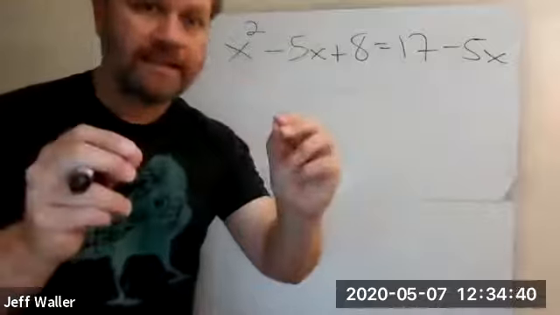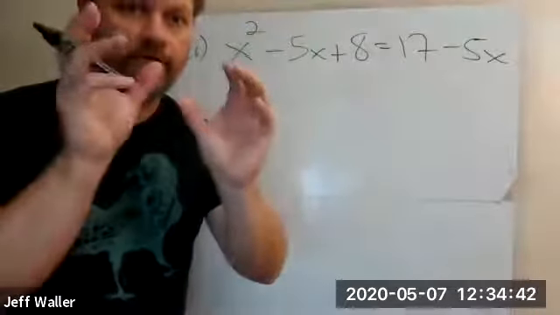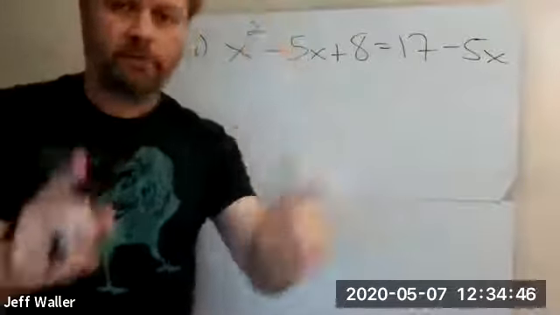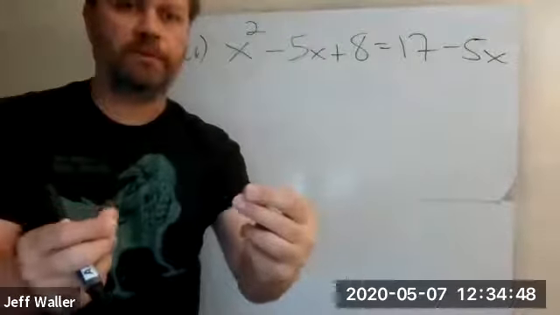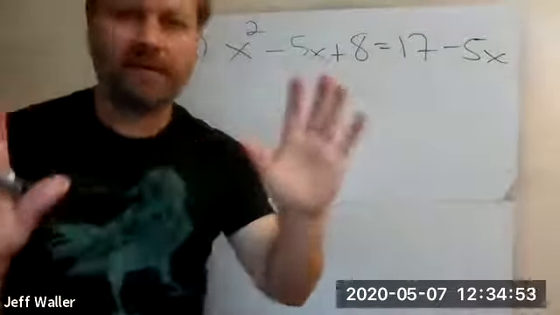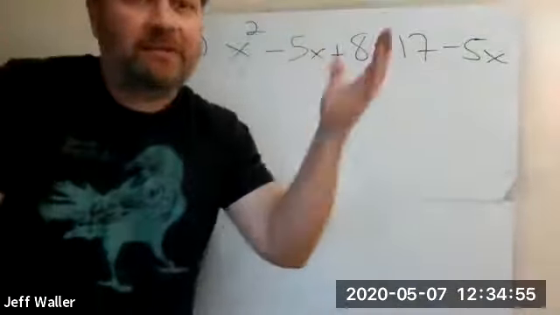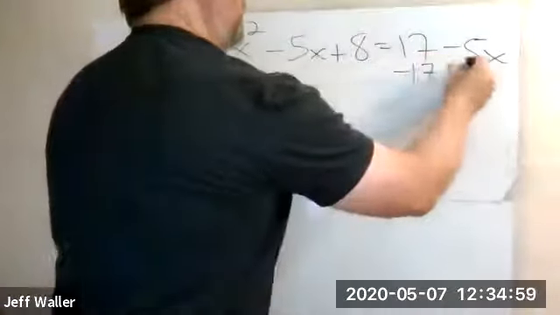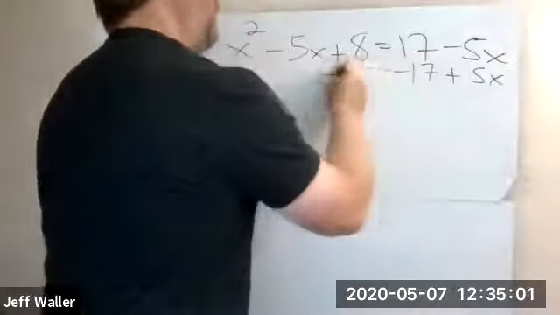And we discussed the fact that if I have something times something equals 0, that's the only time I know something for sure. One of them has to be 0. If it equals anything else, I don't know anything. So let me move this stuff over. Subtract 17, add 5x.